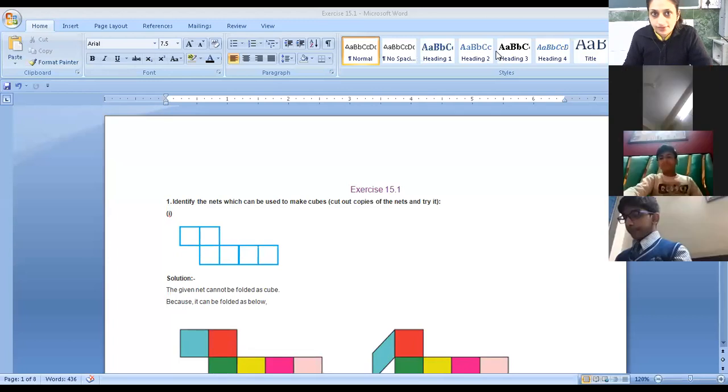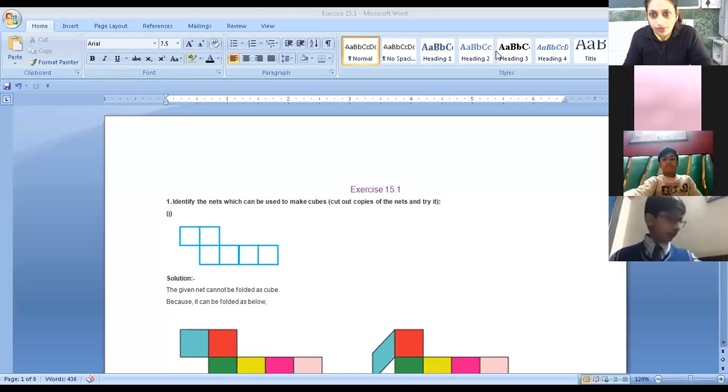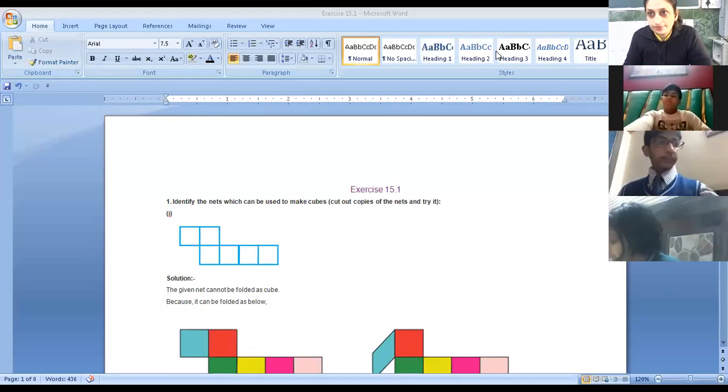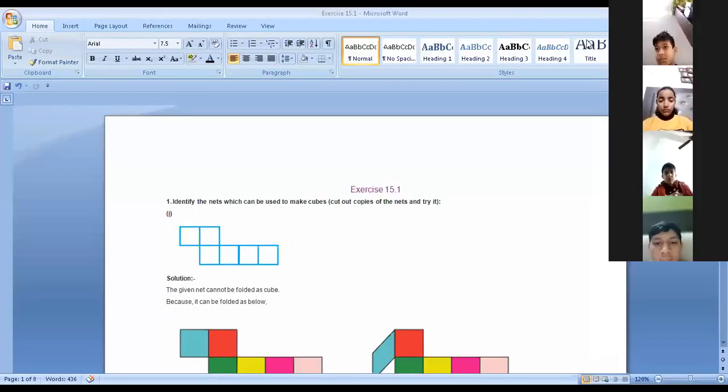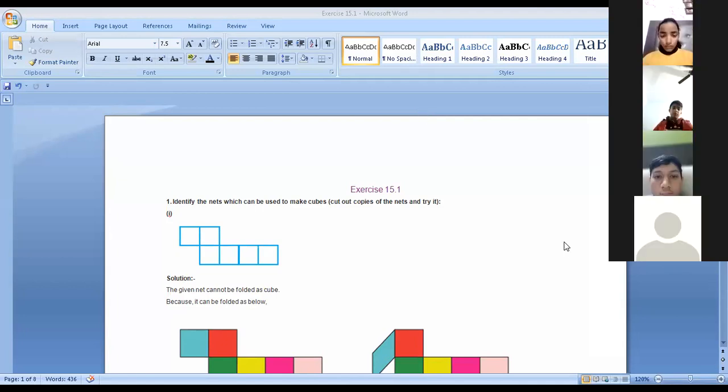Exercise 15.1, ma'am. So children, in the first question, 15.1, it is given that you have to identify the nets which can make the cubes. The first net is this one.